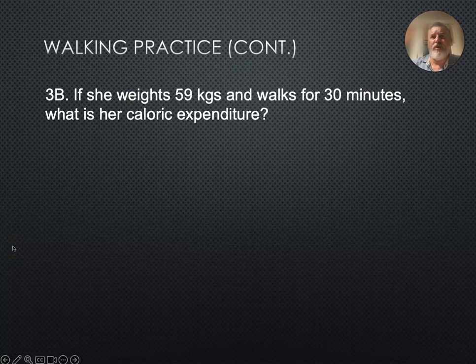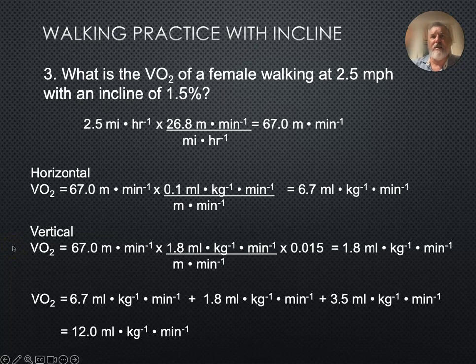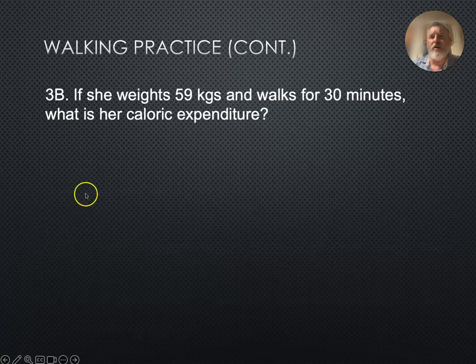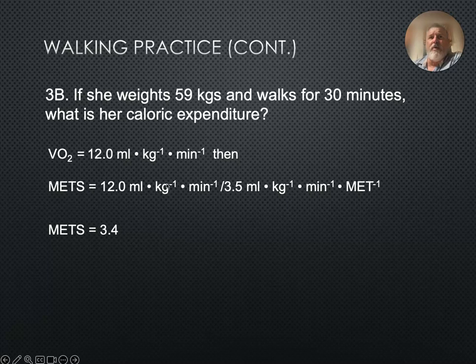So if this same person that was at 12 mL per kg per minute, if we want to do caloric expenditure, then we have to know her weight and how long she's going to be moving. So to get METs, we take 12.0 mL per kg per minute and divide it by 3.5, which gives me 3.4 METs.